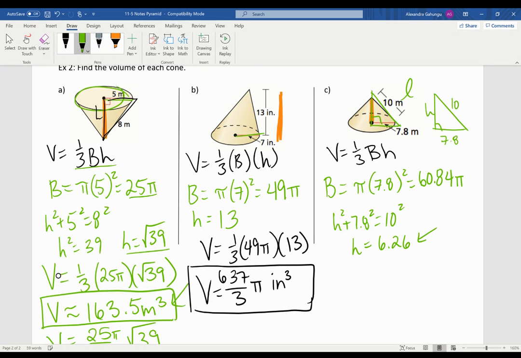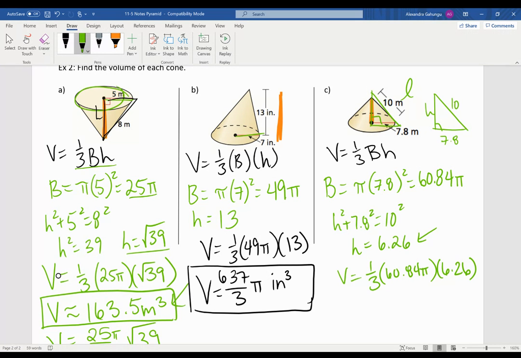I would keep this in the calculator until the very end. But if you round it now, your answer might be just a little different. It's not wrong, just our rounding was a little different. So it's 1/3, big B, so 60.84 pi times my height, 6.26.